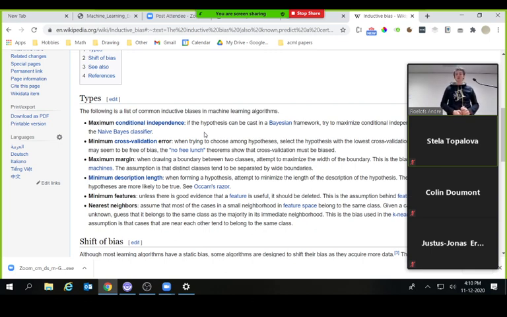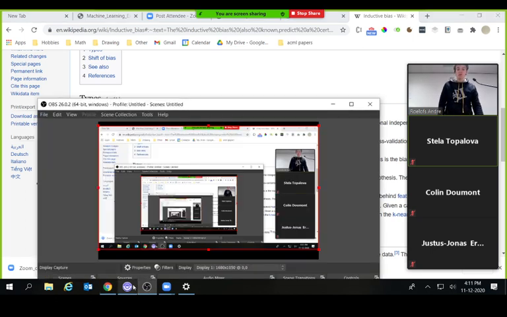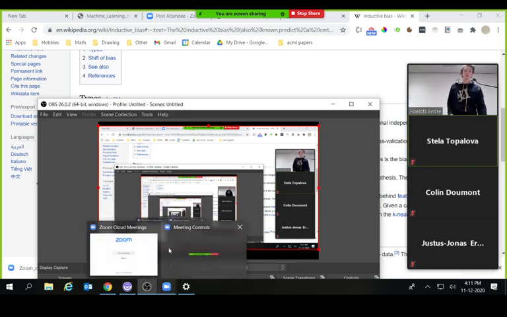Inductive bias is just a set of assumptions that you make. I know the set of assumptions, I just have no idea what their name is. But for linear regression, the type of inductive bias is that the input is related to the output.